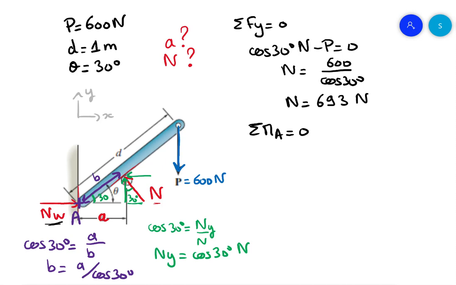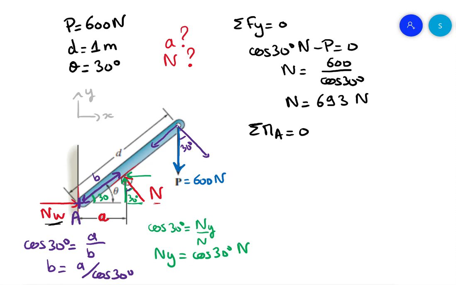And for the distance for P, what we need is the component of P perpendicular to the rod to multiply by D. This one has the 30 degrees, the same as this one, right?